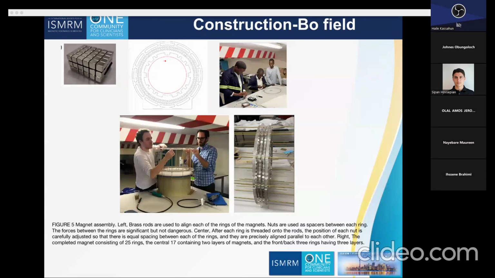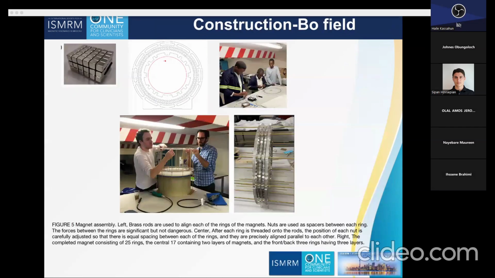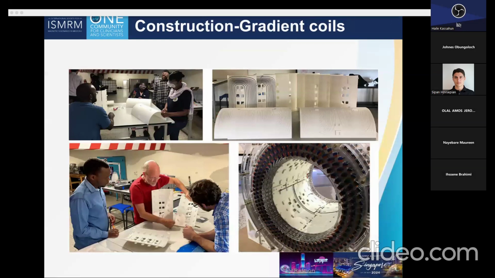So this was my team trying to assemble our system in our lab to generate a magnetic field. At the time, we wanted a 50 millitesla system, but you can see the bunch of magnets at the corner here that we use for putting into those rings to create a magnet. And when you arrange it in a way, you end up with a magnet that looks like that.